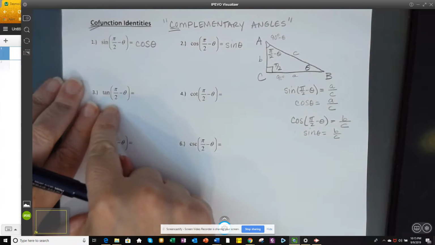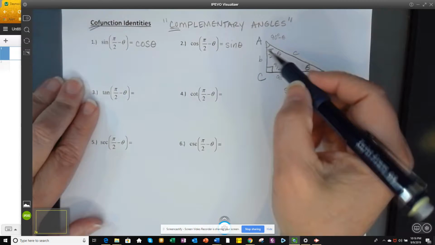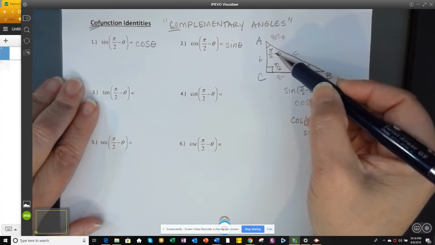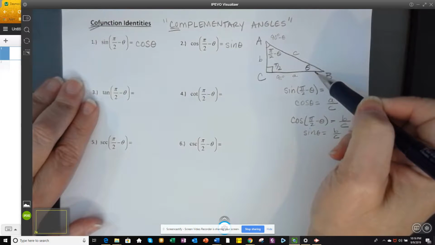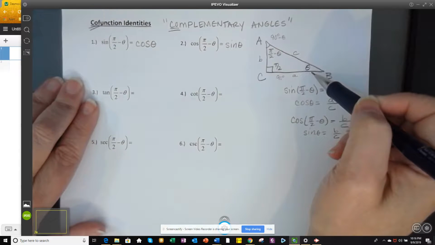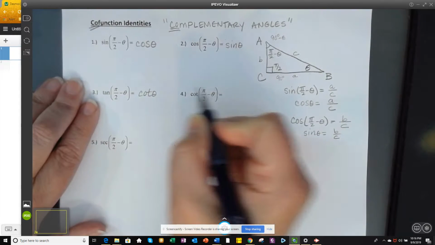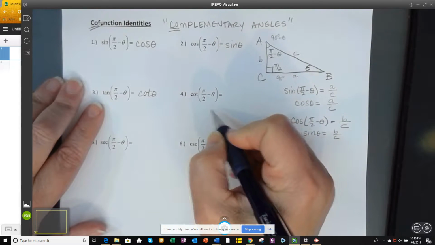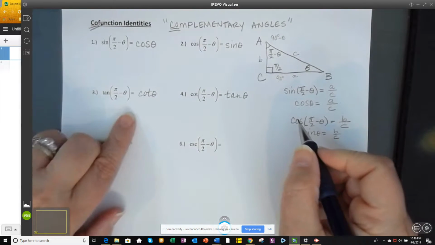All right, so the tangent of pi over 2 minus theta, so the tangent here would be the opposite, a over b, and then that would be equal to the cotangent of theta because that's its complement, and then the cotangent would be tangent of theta.